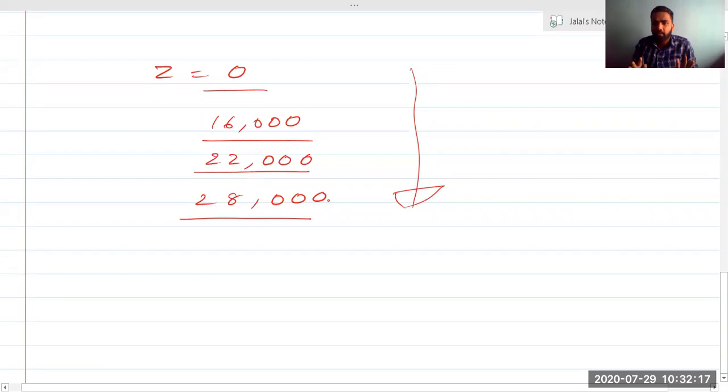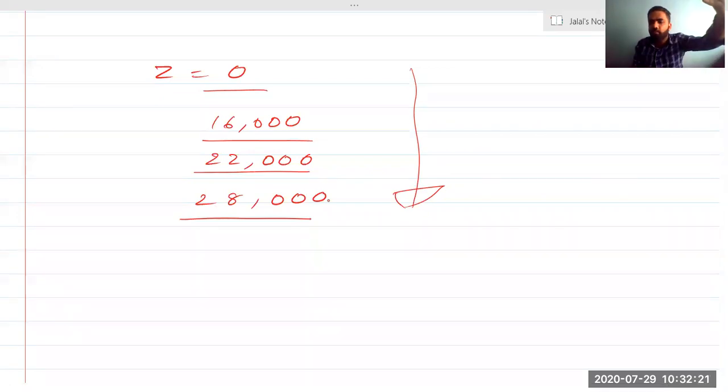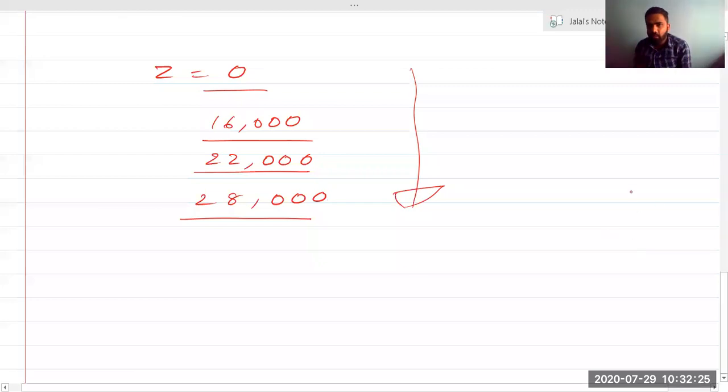This is one of the advantages. How can it be an advantage? You always know that this will give me one solution, this will give me another solution, this will give me a third solution. Suppose you have got Z as 0, then Z as 22,000, and then you get 16,000. This will never be possible. Z will never decrease in simplex.